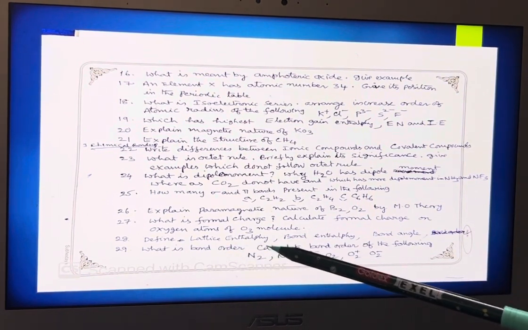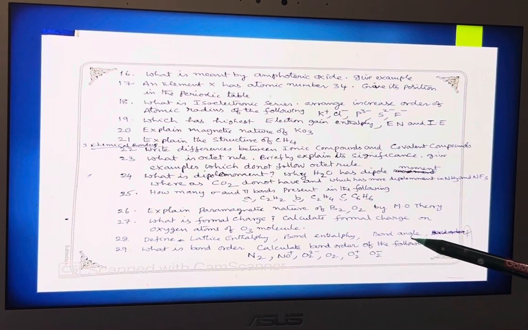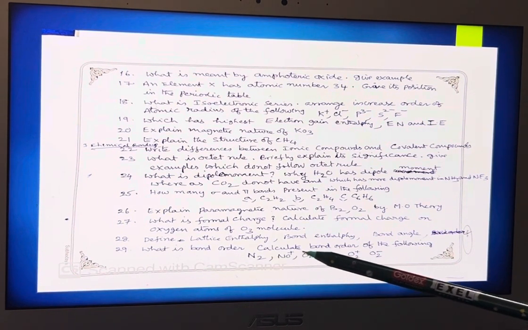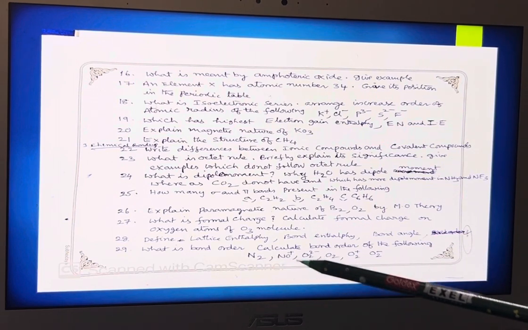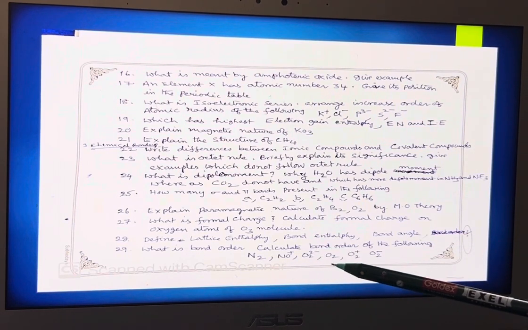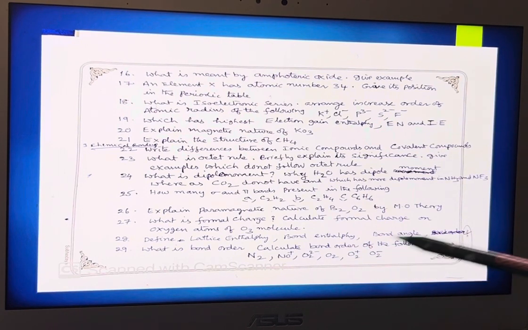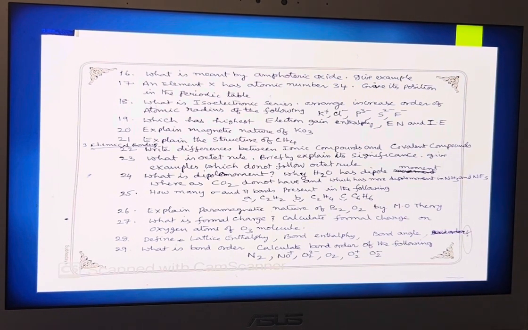Define lattice enthalpy, bond angle. What is bond order? Calculate bond order of the following: N2, NO plus, O2 minus, O2 2 minus, that is O2, O2 plus, O2 1 minus. O2 2 minus is nothing but peroxide.